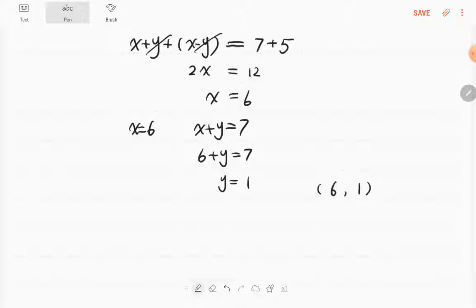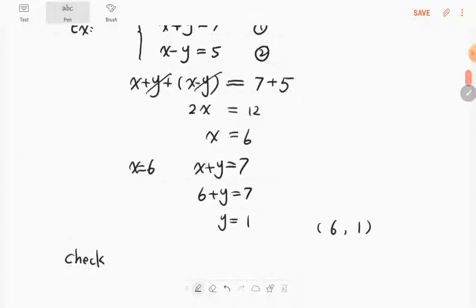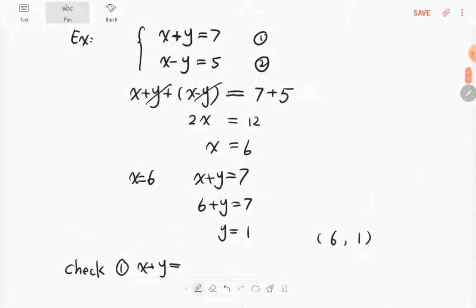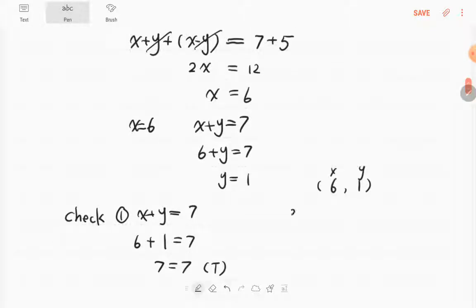Of course, we need to check our solution, right? How can we check the system? We need to check both equations. So first, we should check the first equation. Okay, we use 6 to replace x, then use 1 to replace y. We check the left side is 7 and the right side is also 7. So it's true. It is still an equation. Then we also need to check another equation, number 2.